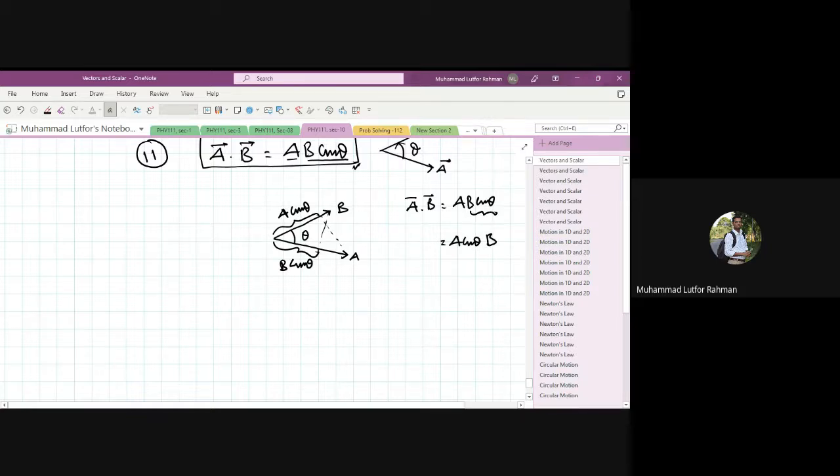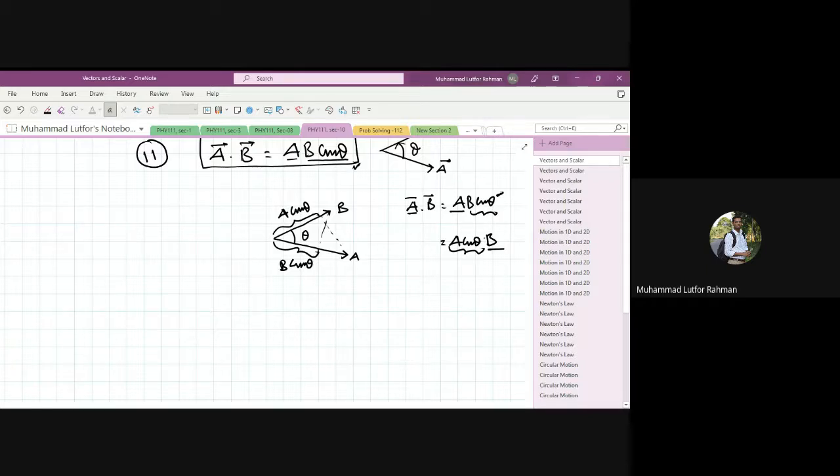Now, b cosine theta is actually the component of vector b in the direction of vector a, and a cosine theta is the component of vector a in the direction of vector b, right? You understand? This is the physical significance of this dot product.